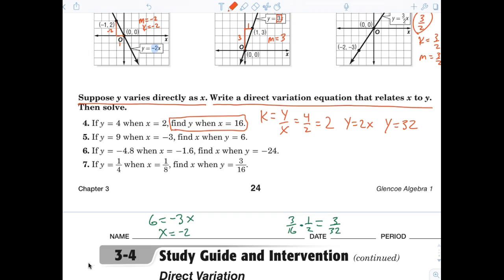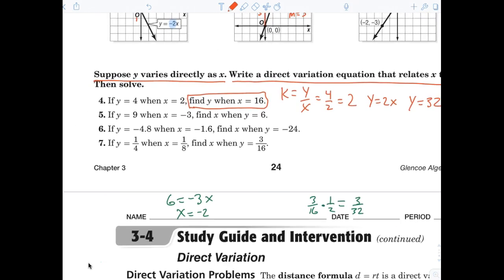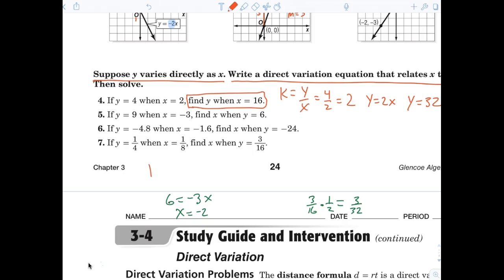Now, again, I'm agreeing with you completely. It's simple. All right? So now I'm looking at question number 5. I want everybody to tell me that k is equal to what? K is equal to -3. Beautiful. All right? And now, if k is -3, my equation is y equals, say it, y equals -3x.